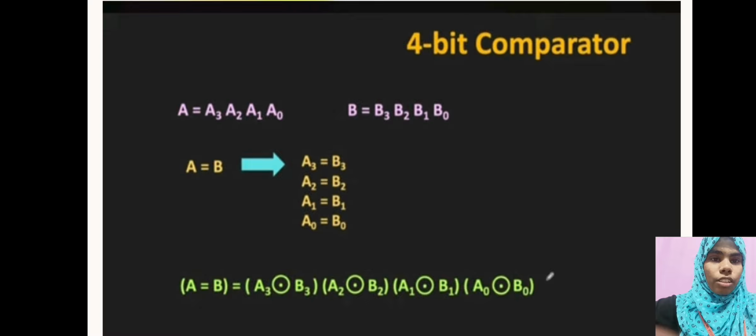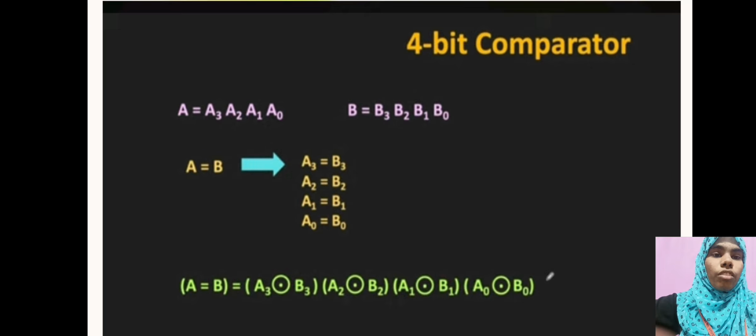Where A equals B, then A3 equals B3, A2 equals B2, A1 equals B1, A0 equals B0. A equals B is expressed in this equation form. This is a logical expression for A equals B.